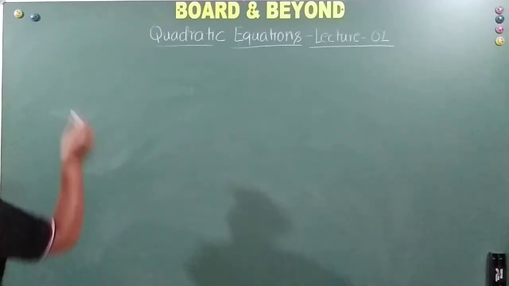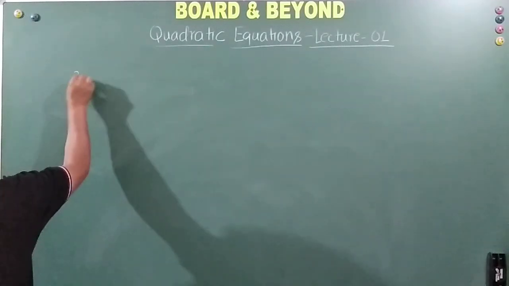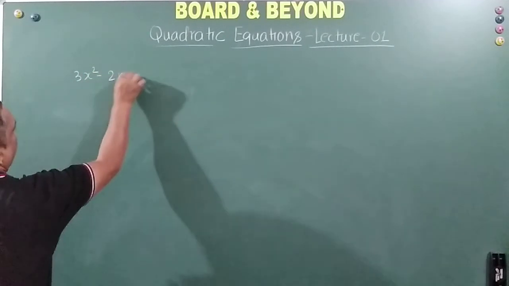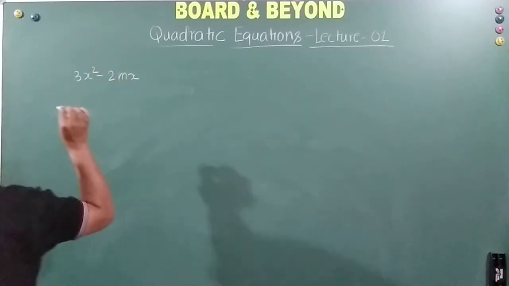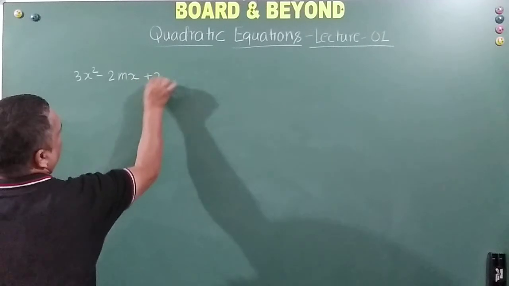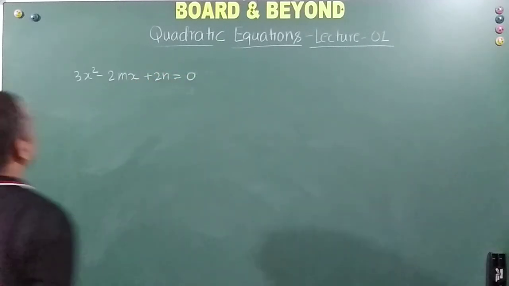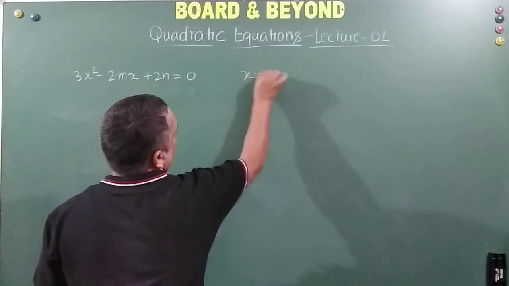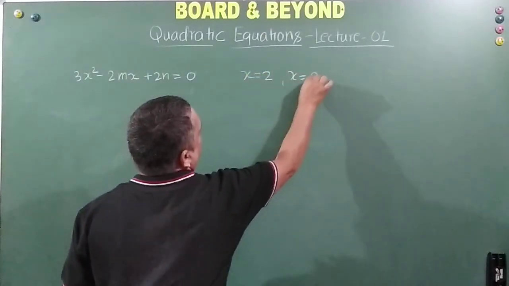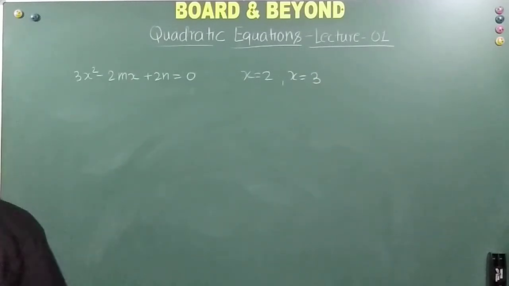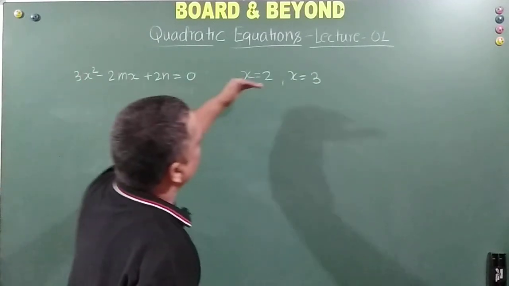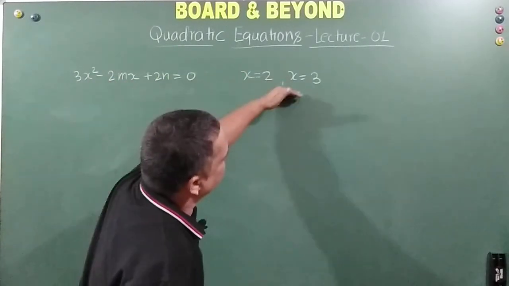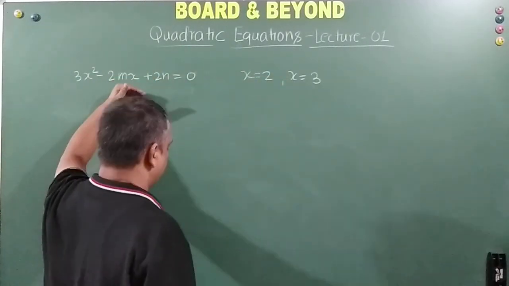If x is equal to 2, I'll first write down 3x square minus 2mx plus 2n is equal to 0, and it is given that x is equal to 2 and x is equal to 3 are the two roots. x is equal to 2 is one root of this quadratic equation, and x is equal to 3 is the other root.